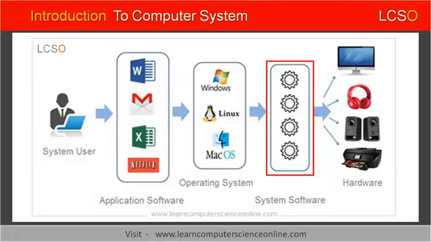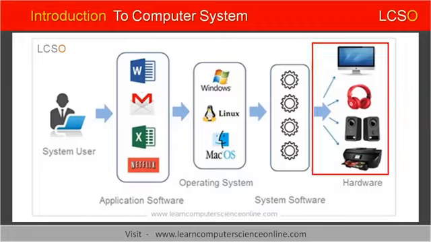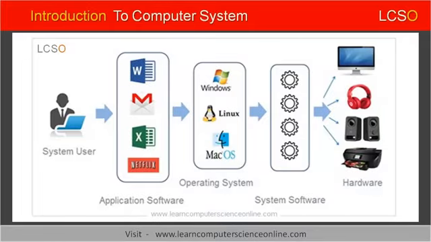Whereas, the system software is a special type of software that is internally used by the computer itself to manage and operate the various hardware components connected to the system. The operating system is the most important system software used by the computer. The operating system basically provides an interface to the user to interact with the system.